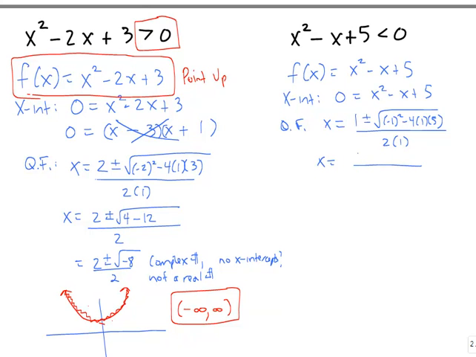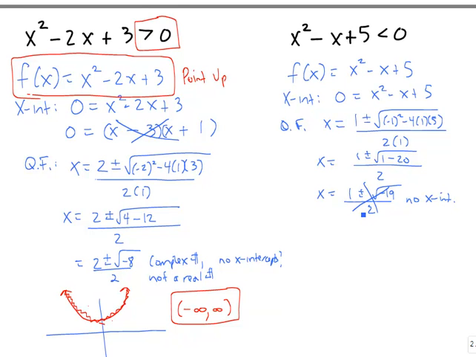Simplifying, in the denominator we just get 2, and under the radical we're going to get 1 minus 4 times 5 is 20, so under the radical we get negative 19. As soon as you get a negative under that square root, you can stop. That means that there are no x-intercepts because these are not going to be real numbers.